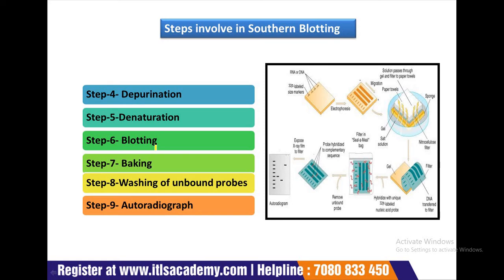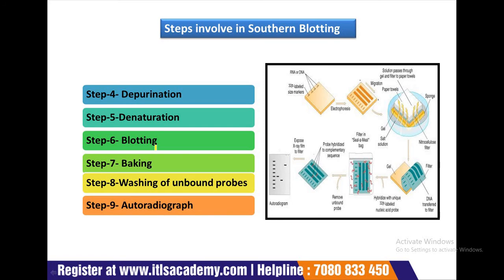Finally, some dry filter paper is placed on top of the membrane, and fragments are pulled toward the nitrocellulose filter membrane by capillary action, resulting in a contact print of the gel.